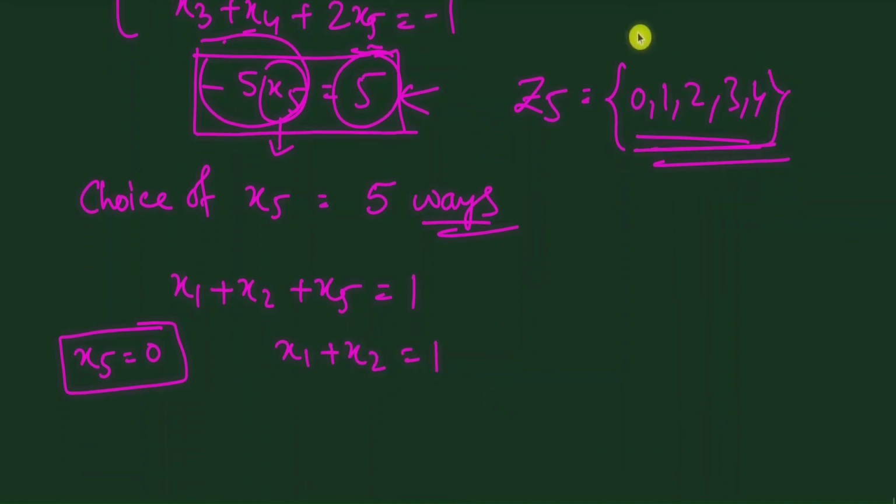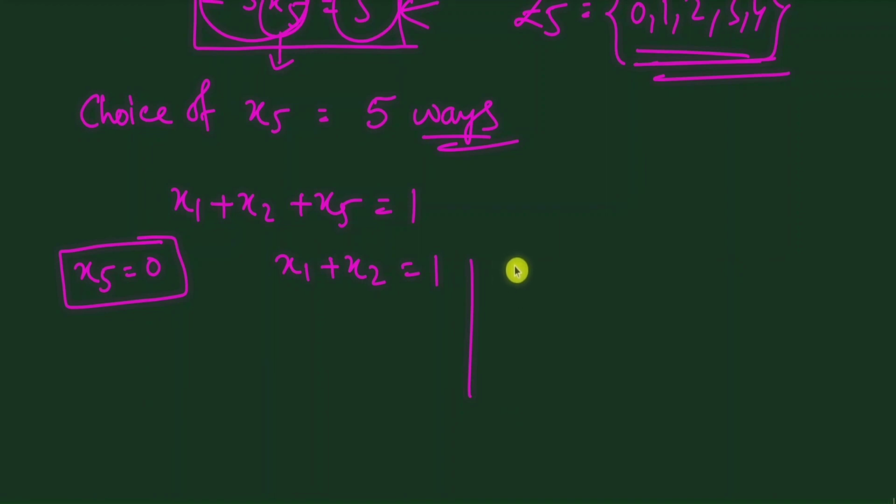Now from these 5 values we choose x1 and x2. If we choose x1 equal to 0, then x2 must be 1. If we choose x1 equal to 1, then x2 equal to 0, from the set Z5.